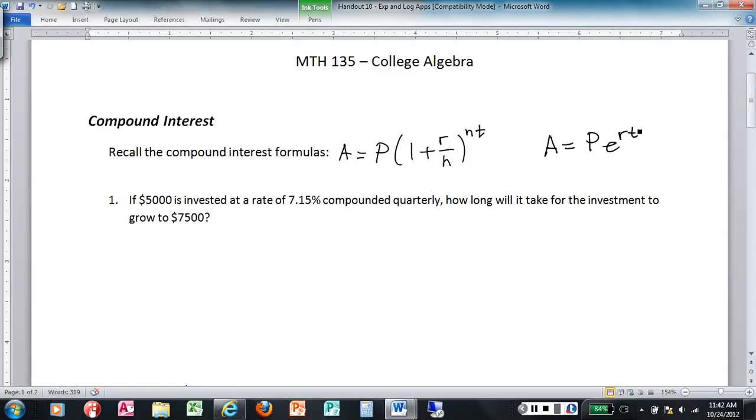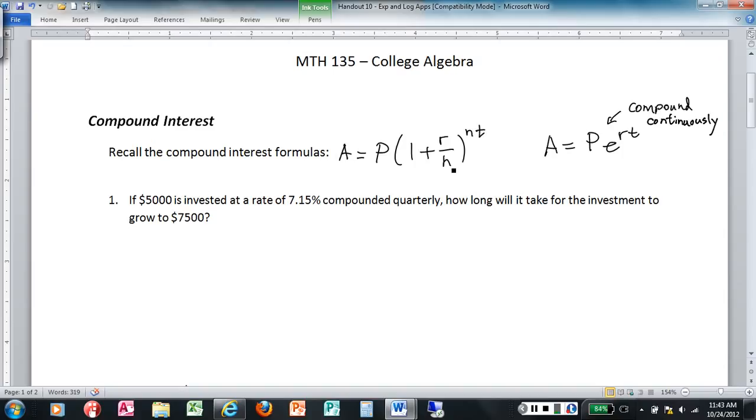A equals PERT. Remember the difference between when we use these. This one we use if it's compounding continuously. The one on the right is used when you compound continuously.